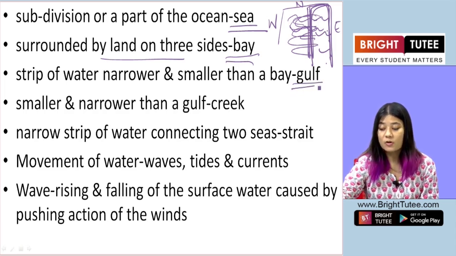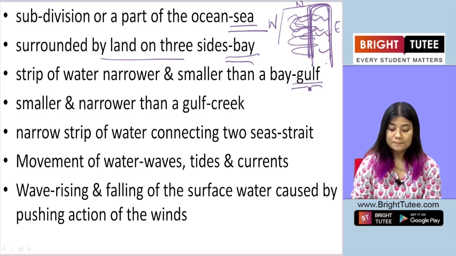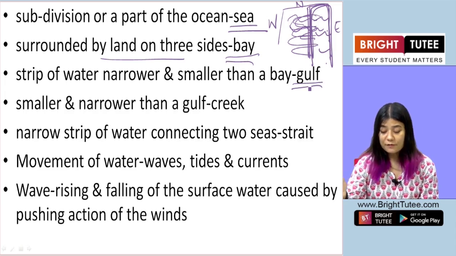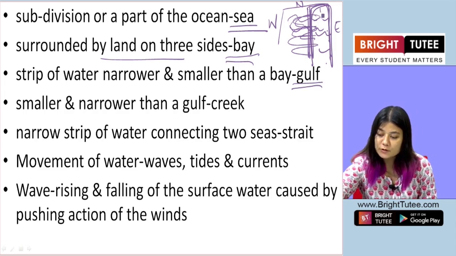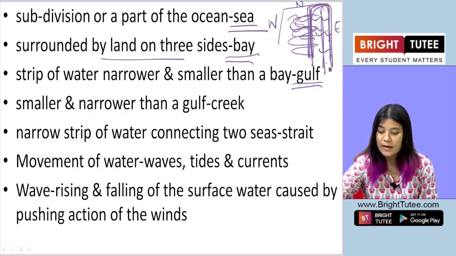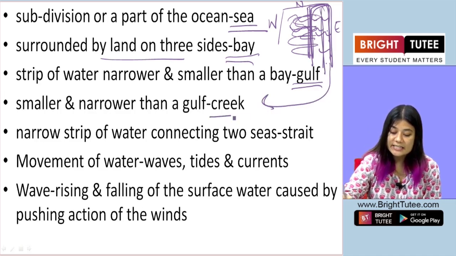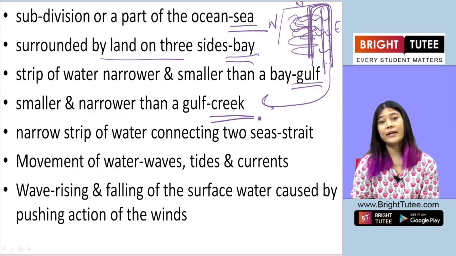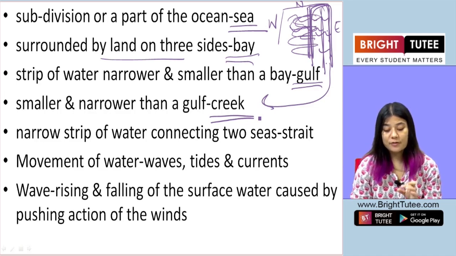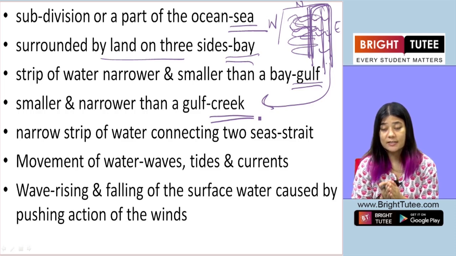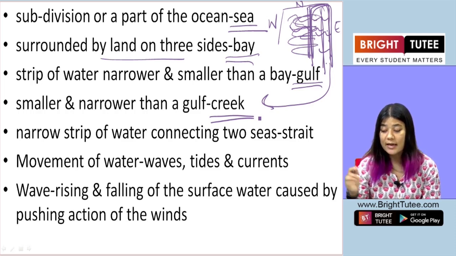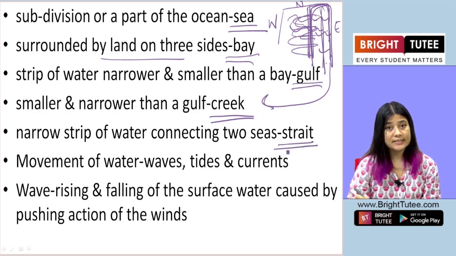So that is called a gulf. Now if the gulf becomes even smaller and narrower, then that is called a creek. Okay, and a narrow strip of water which connects 2 seas is called a strait.